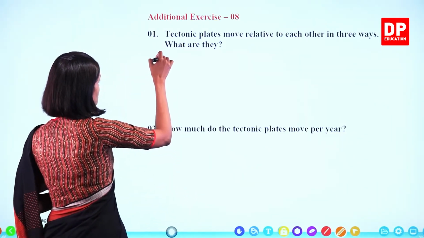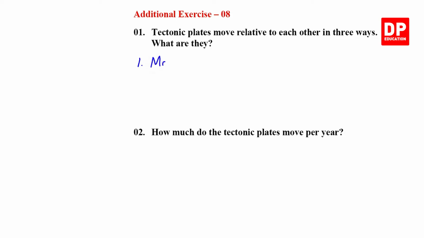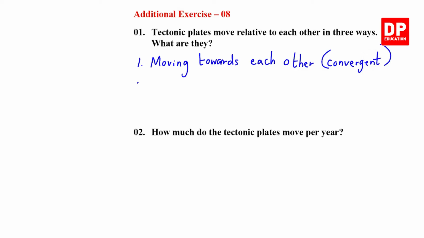Right, what are they? Number 1, moving towards each other. This is known as convergent movement. Number 2, moving away from each other.